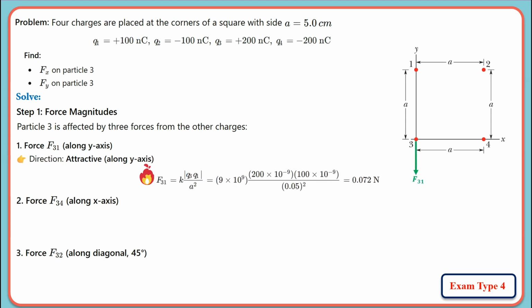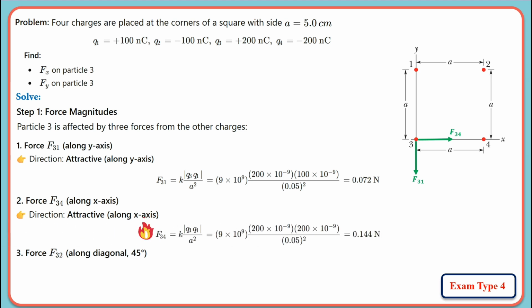Using Coulomb's law and substituting the values, we get 0.072 newtons. Next, force F34. This force acts along the x-axis and is also attractive. After substitution, we get 0.144 newtons.